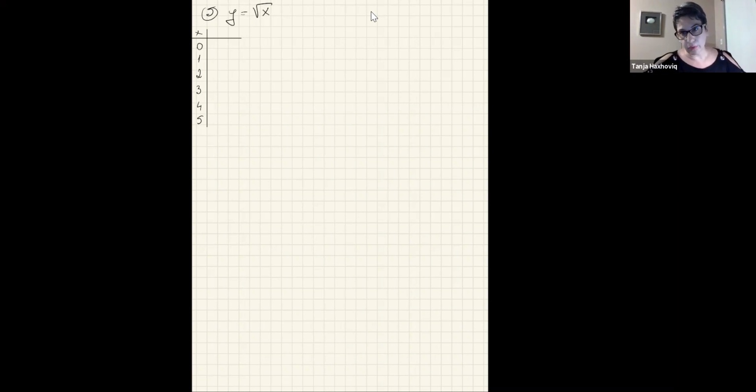Well, if you look at the equation, it is the square root of a number. I cannot plot negative values for x because the square root of a negative number is not defined.